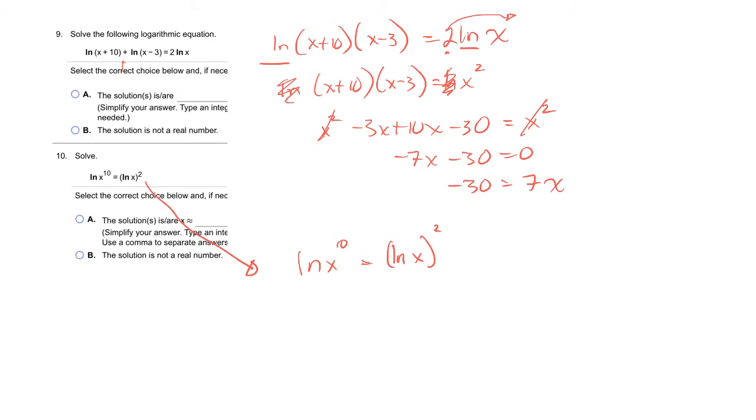I might try this. The problem with this one over here is that, for me anyway, ln of x squared, I could bring that 2 out front. But in this case, I've got ln of x all squared. And these two things aren't the same. So ln of x all squared is the same as ln of x times ln of x. And that's not the same as that.